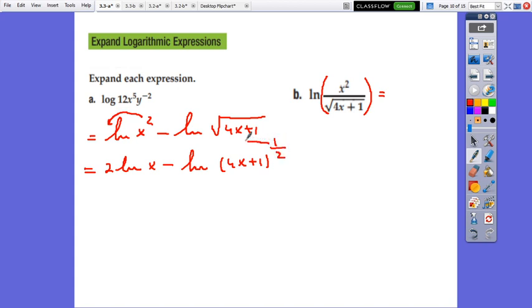Again the exponent goes outside the log, so it equals 2 ln x minus 1 over 2 ln 4x plus 1. We cannot expand it more. If here would be times or divide, we could expand it more, but for plus or minus, we keep it as it is.